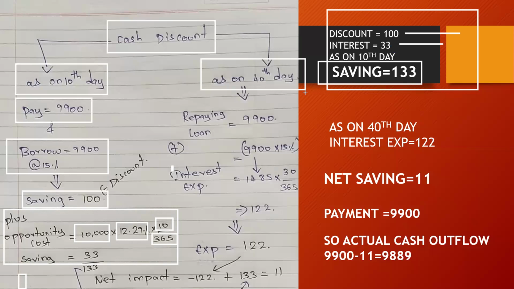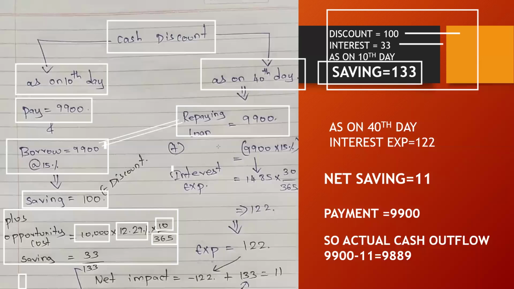On the 40th day, what will happen? You need to pay the bank the borrowed amount of $9,900, and you need to pay the interest.